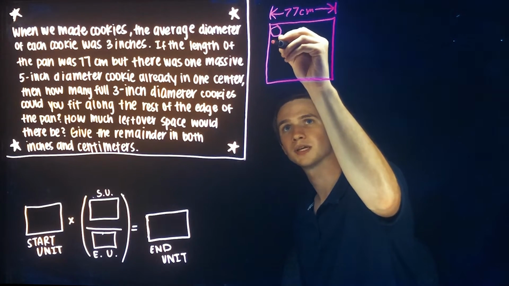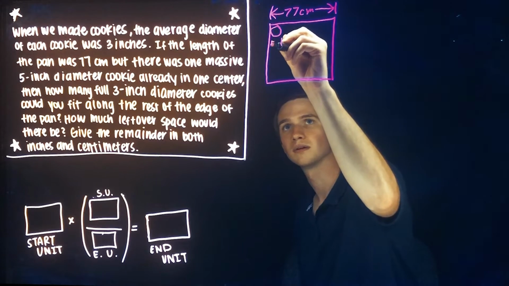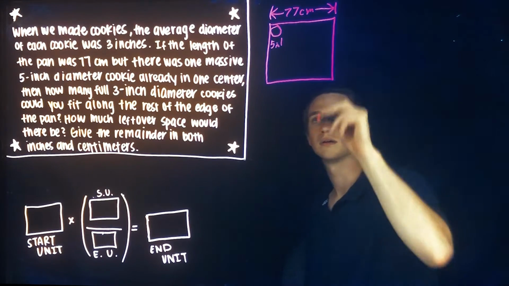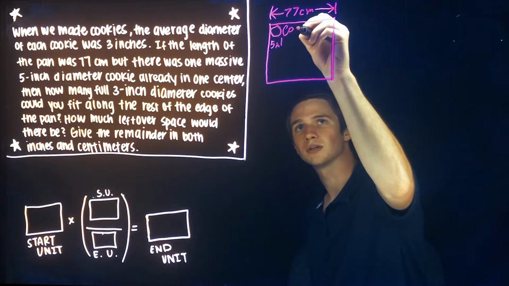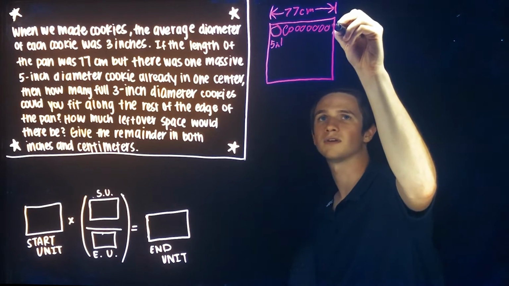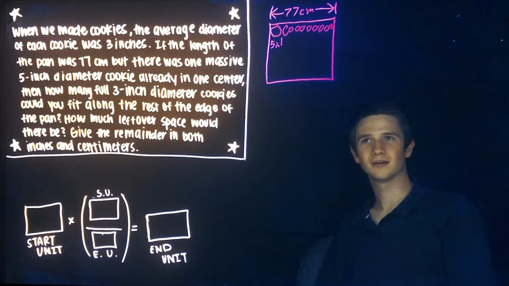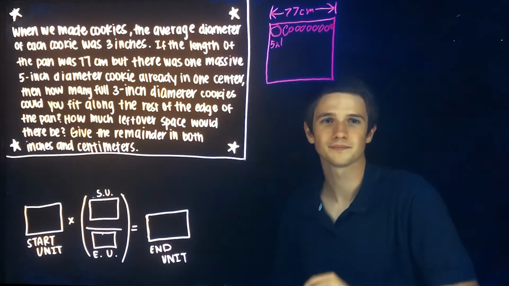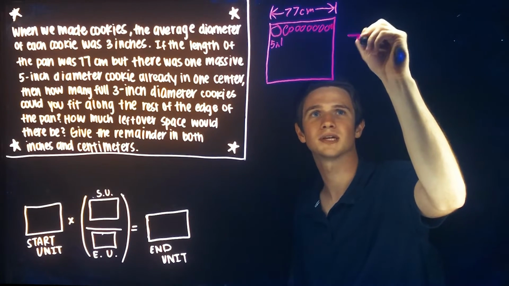That's 5 inches. Now the rest of these cookies will be smaller 3-inch cookies. And we're trying to figure out how many 3-inch cookies can we fit on that pan, along with that 5-inch cookie. So let's set this up starting with our 77 centimeters.